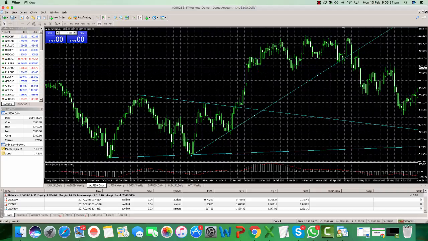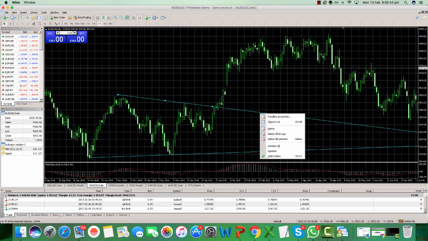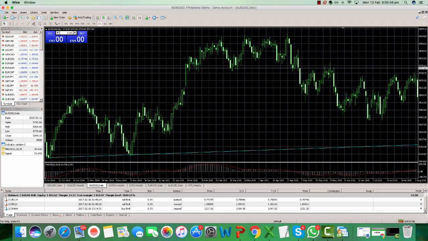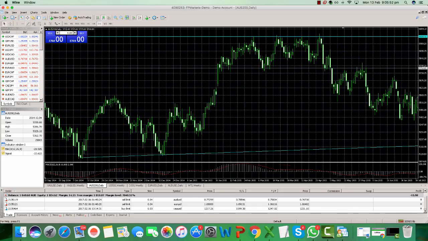Okay, it's an accumulation channel. They try to accumulate the stock over here, and this here comes to the distribution.